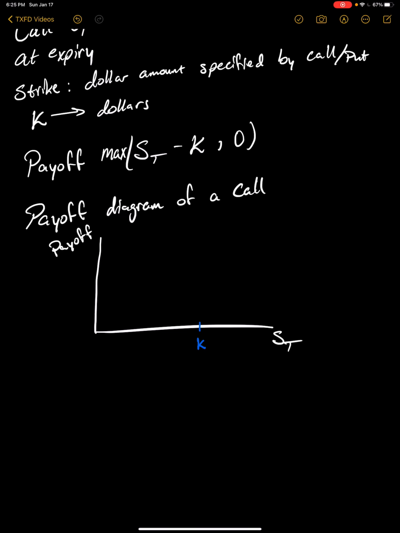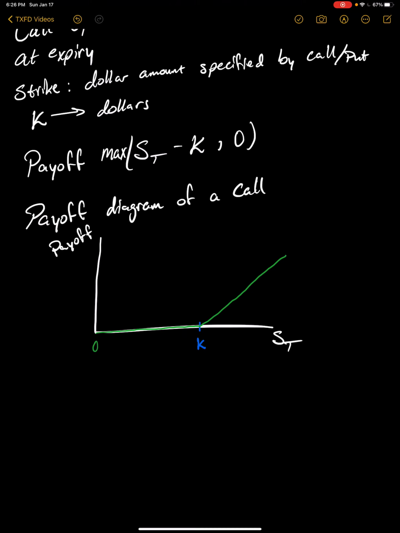When the stock price is small, so this is 0, and the value increases along this axis, we're going to start at 0 and we're not making any money yet, because we're going to assume K is some value greater than 0, doesn't matter what it is. Once the stock price at time t is equal to the strike price, our payoff is going to start increasing.